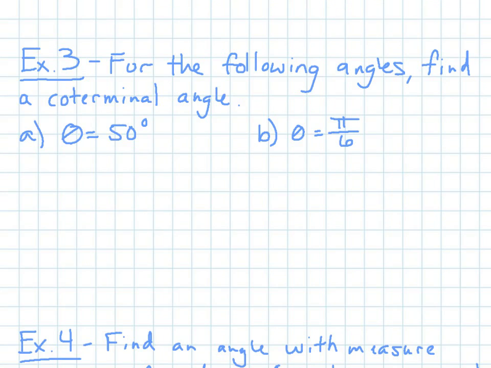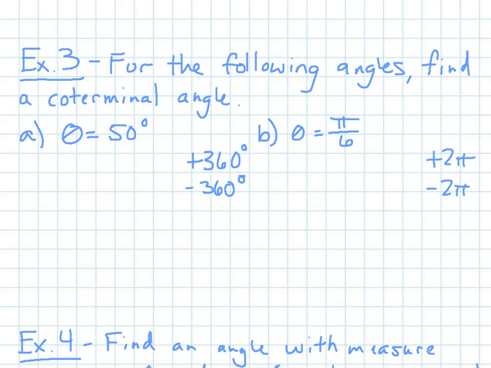Now, if you want to find a coterminal angle for anything, if you're given 50 degrees, or even something in radian measure like pi over 6 for letter B, you can add or subtract 360 degrees. And if you're in radians, you can add or subtract 2 pi, because that will be once fully around the circle. Okay?